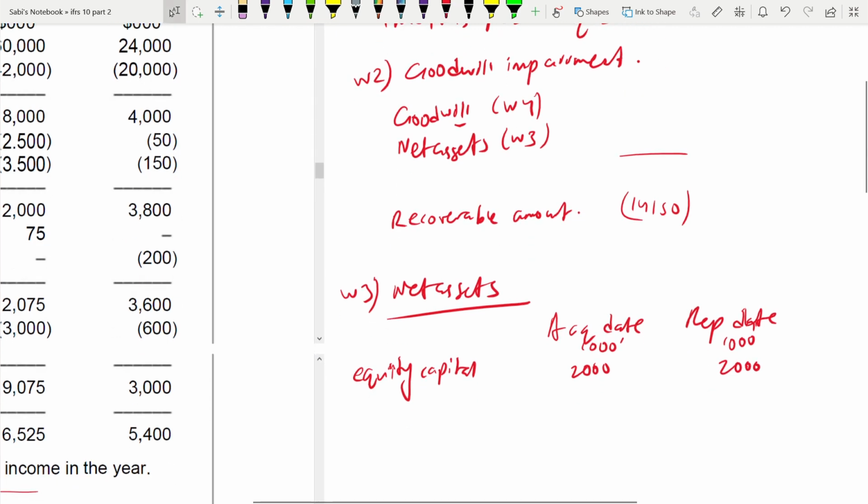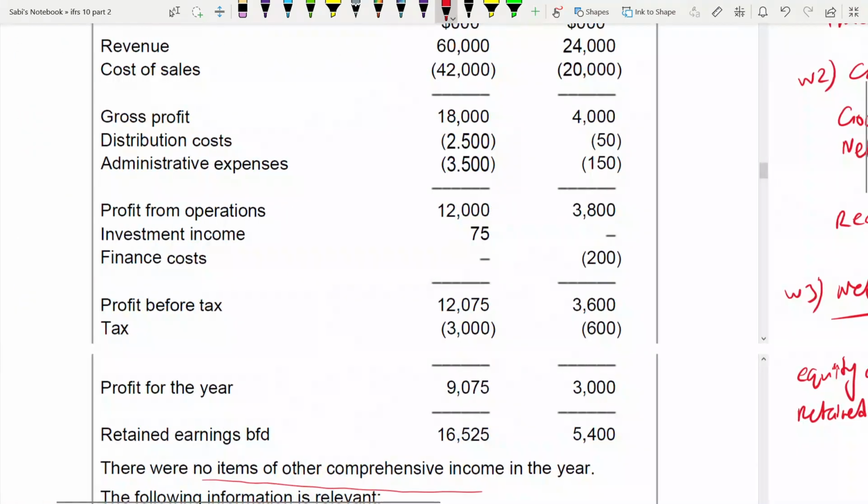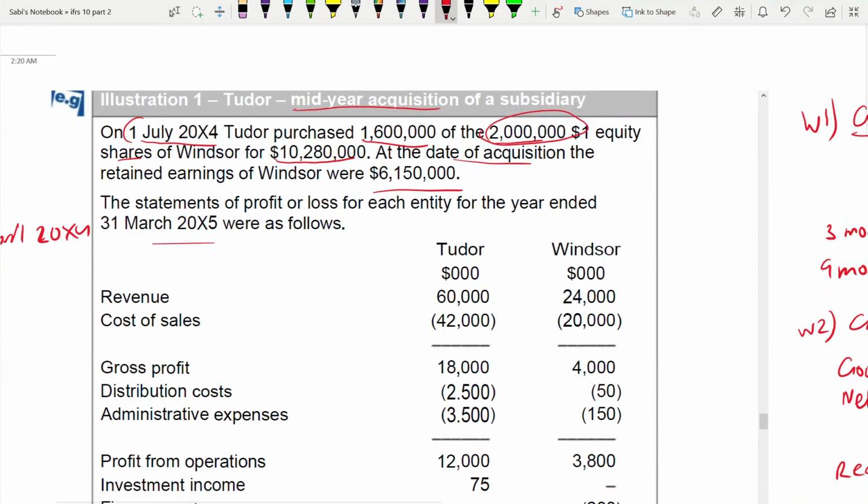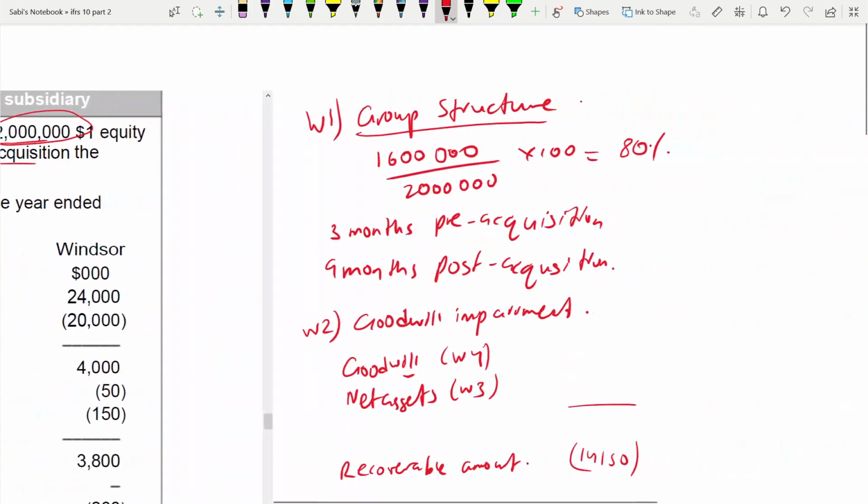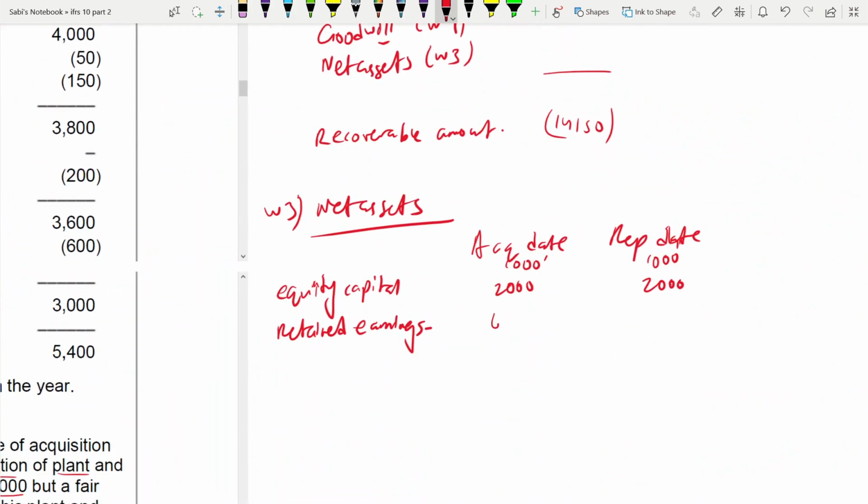Next, there is no other comprehensive income or share premium, so directly retained earnings. How much retained earnings? They told us that at the date of acquisition retained earnings was 6,150. At the acquisition date, 6,150.